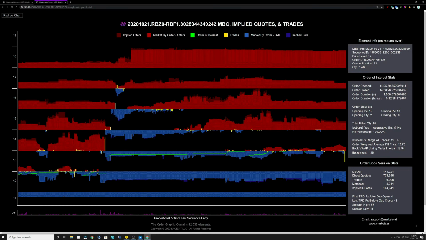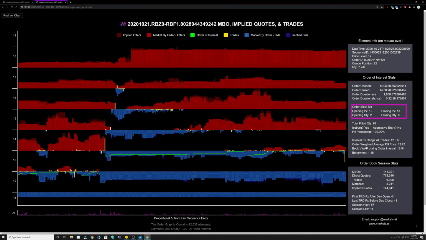Because liquidity on RBOB is much thinner than it is on crude and much thinner than it is on natural gas, we actually have some volatility within the book during the order's lifetime. So this one was opened at 2:05 p.m. Eastern, and it was closed out at 2:38. So it was around for 32 minutes.